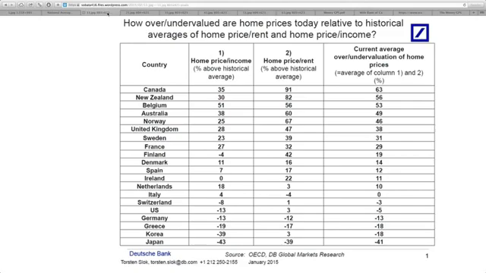How over or undervalued are home prices today relative to historical averages of the home price to rent and home price to income ratios? These are very important statistics that you need to understand to determine how expensive real estate is. I use this in my book all the time to show how expensive it is, and you can see Canada right at the top of the list, and that's according to historical averages.